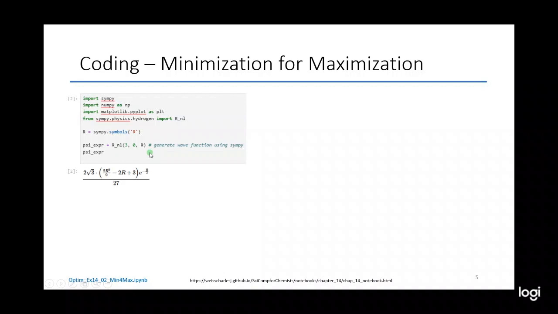There is also another optional input Z, which indicates atomic number, but the default is 1 for hydrogen. In this case, we specified n equals 3 to select the 3s radial function, L equals 0 for the angular momentum quantum number, and the symbol R to represent the radial coordinates. After running these lines of code, we obtain the equation shown here.